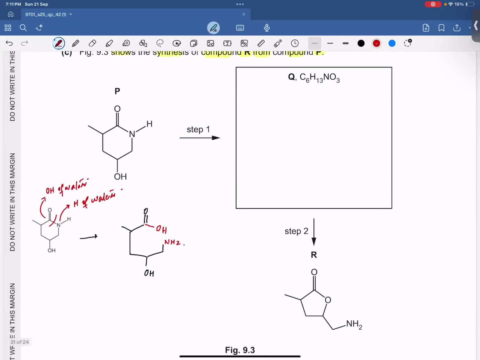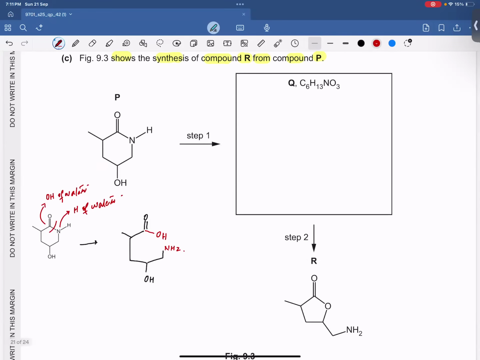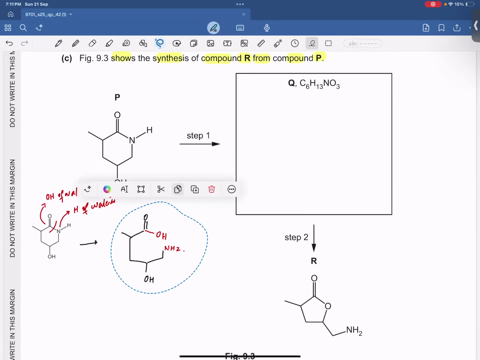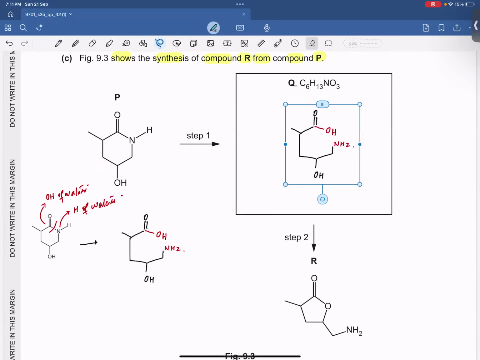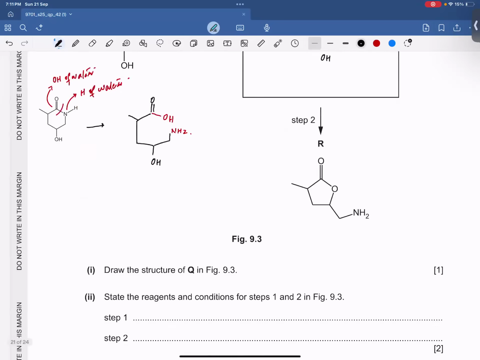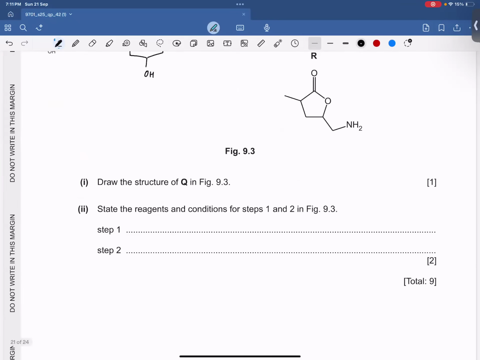Draw the structure of Q. So this is the structure of Q, which I'm going to write. In step 1, acid hydrolysis takes place, because the examiner is looking for the reagent and conditions: acid in the presence of water, and the condition is heat.